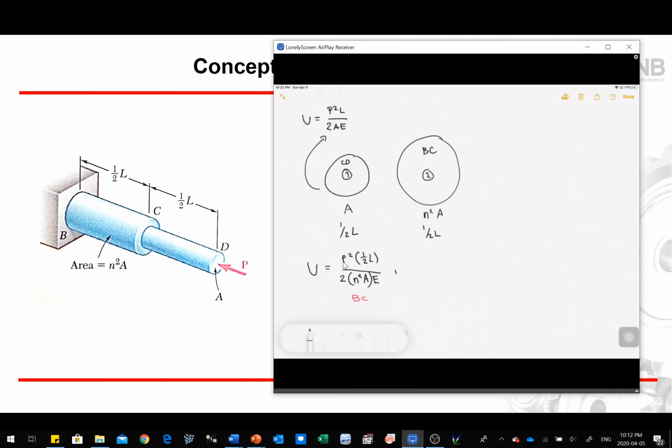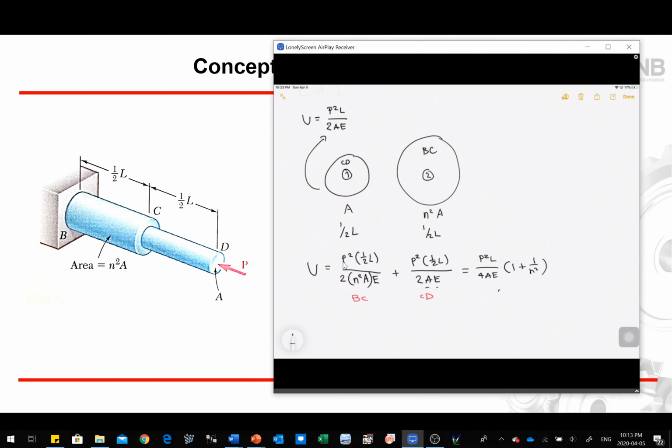Now we have to add another one with a different cross section. In this case, we use the same equation, P squared 1/2 L divided by 2AE, with just A and E, and that corresponds to section CD. If we solve for the strain energy of the whole section, that's equivalent to P squared L divided by 4AE times 1 plus 1 over n squared.